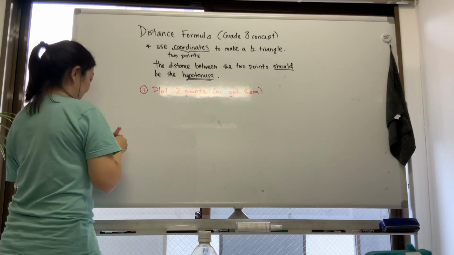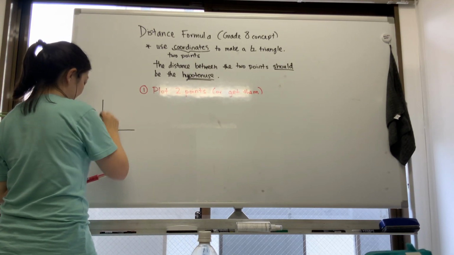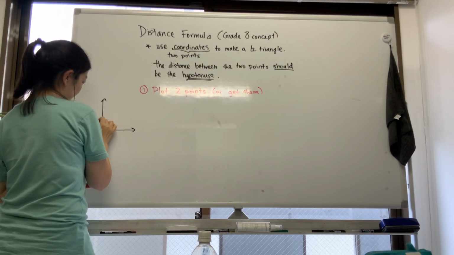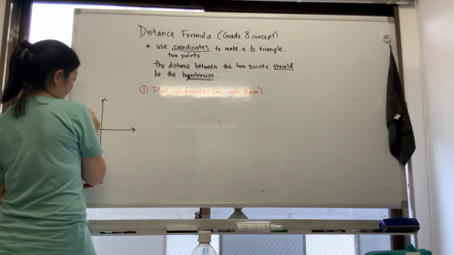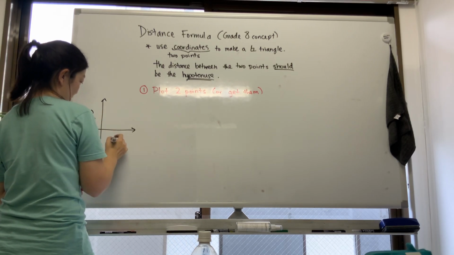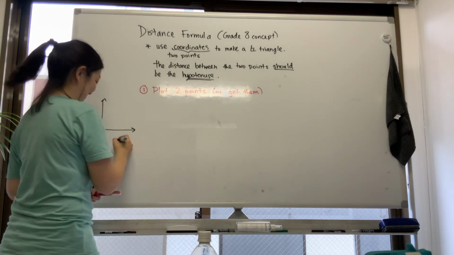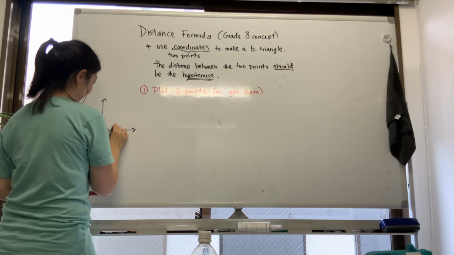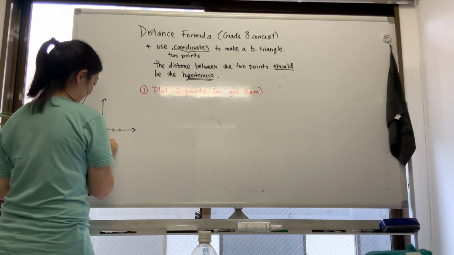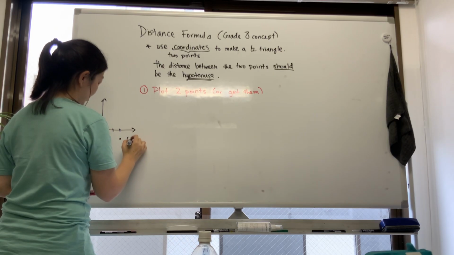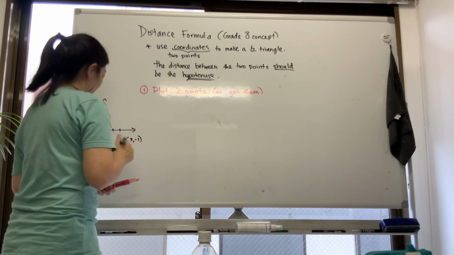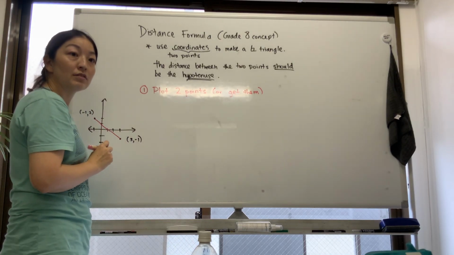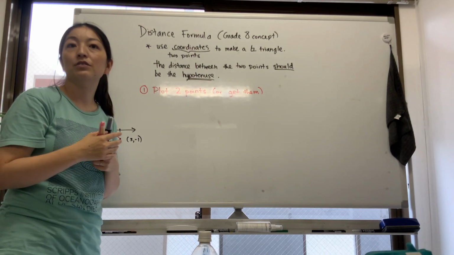So if I'm looking at, let's say this is -1, 2. And you go 3, -1. So this line is going to be our hypotenuse. The diagonal line will be the hypotenuse.